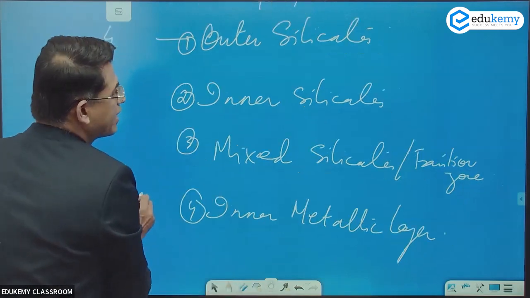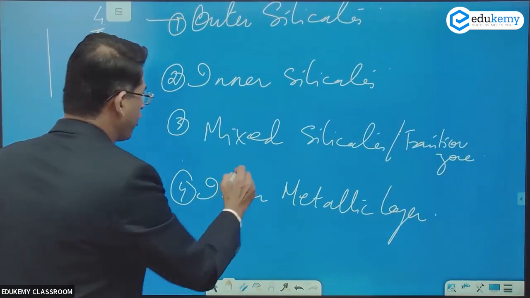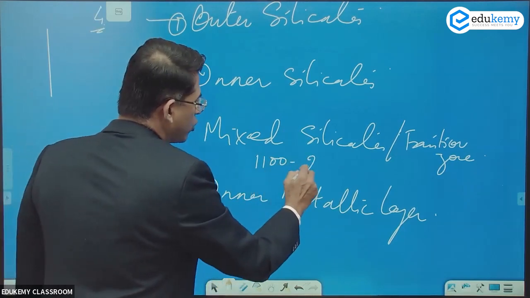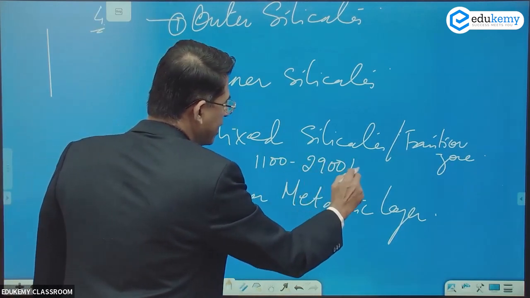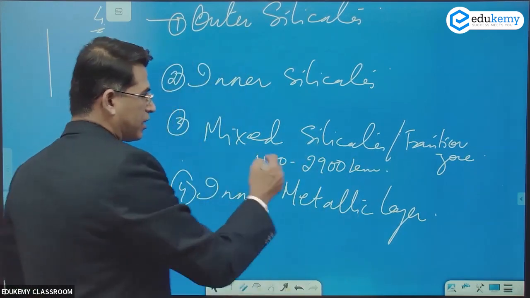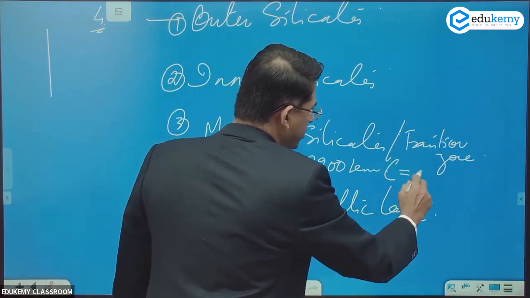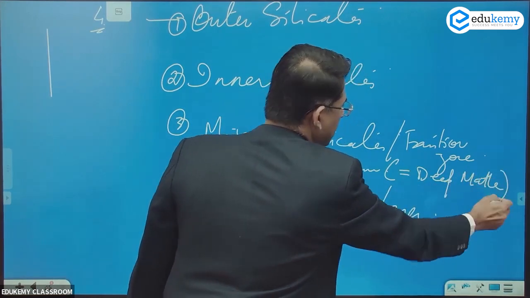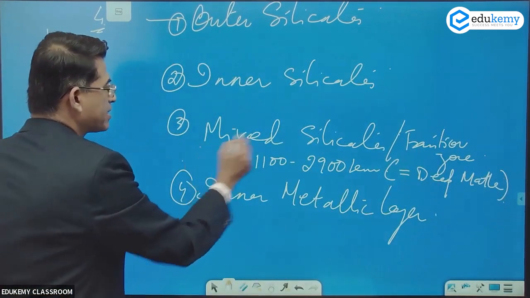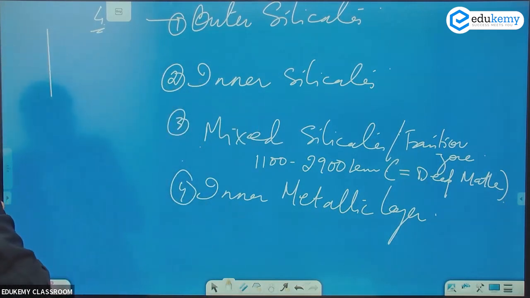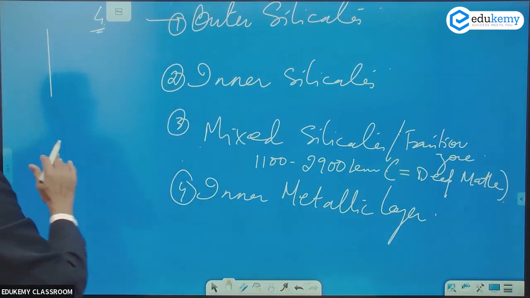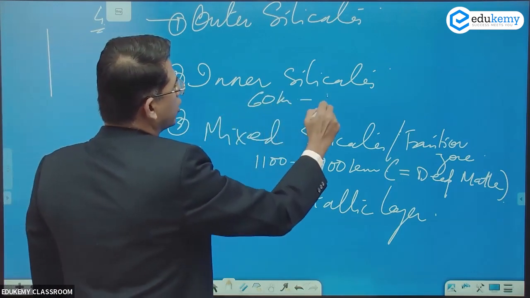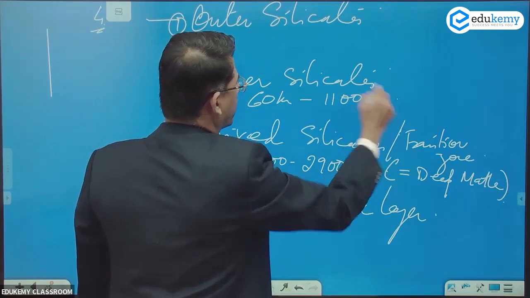Ye jo mixed layer hai, this is approximately from say 1,100 to 2,900 kilometers. This is almost synonymous to the deep mantle, almost the deep mantle layer hai, the mixed silicate layer. The inner silicate layer, this is from approximately about 60 kilometers to 1,100 kilometers.